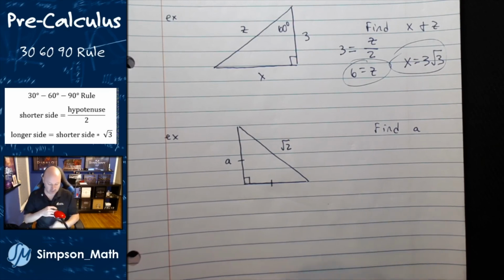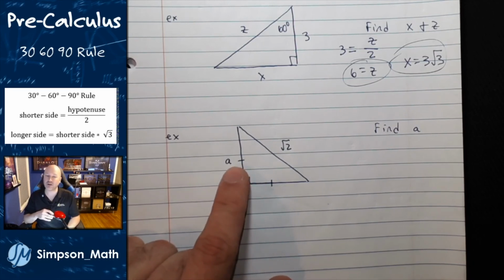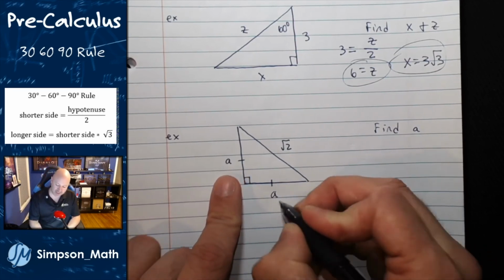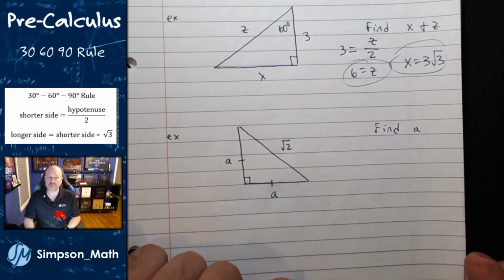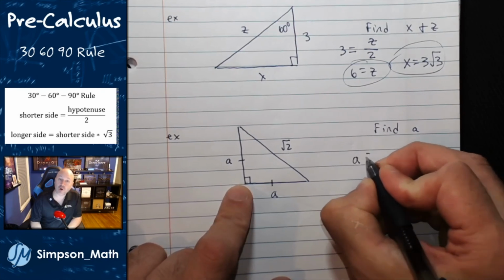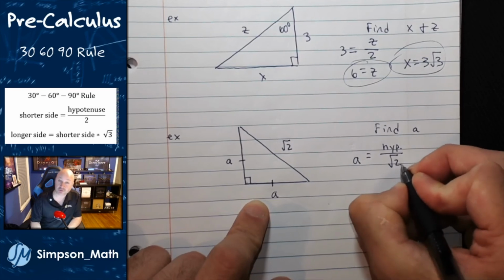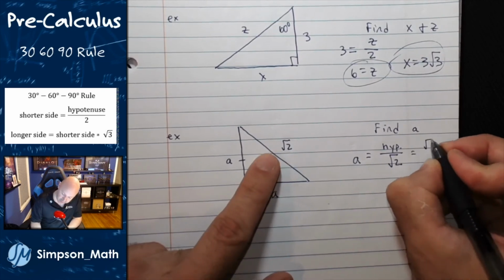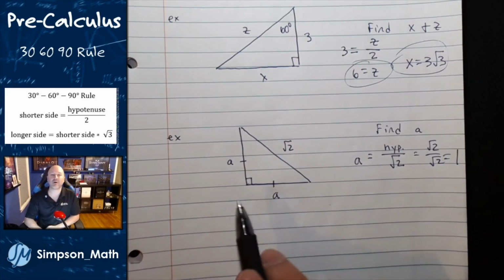In the next example, this must be the isosceles. These little bars mean those two legs are congruent. So both of these are a. I'm trying to find a, and I only know the hypotenuse. Well, the 45 rule was mentioned in a previous video, but it said the side length will always be equal to the hypotenuse divided by the square root of 2. So we have the square root of 2 divided by the square root of 2, which is 1. So these two side lengths are equal to 1.